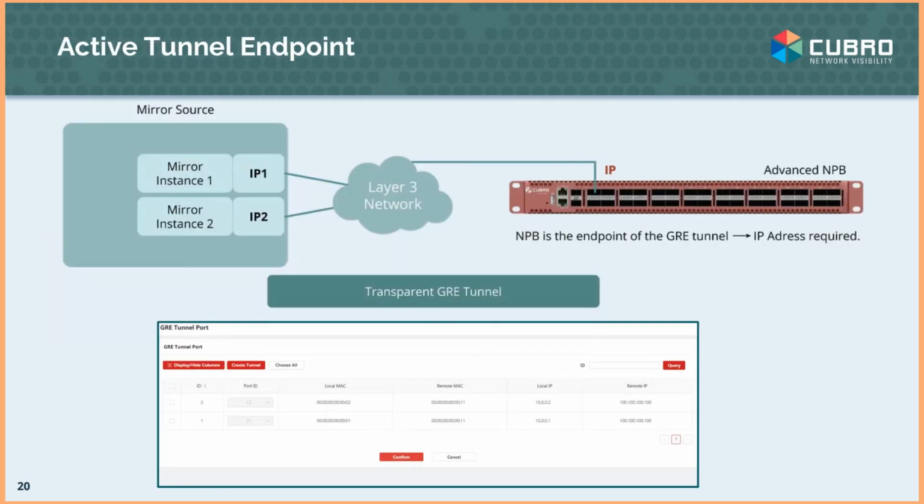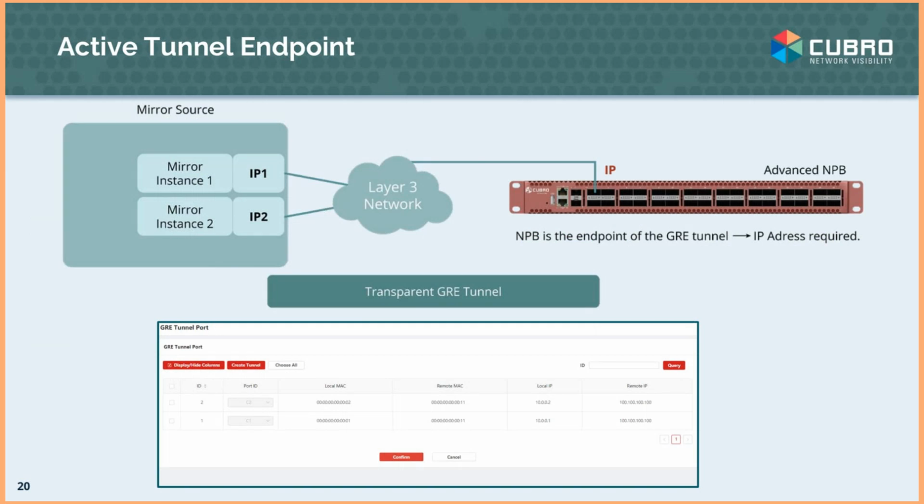And the final point of the advanced product is, when you have this scenario on the mirror source side, you have two mirror instances. That means you have two IP addresses to which they need to send traffic, but where to send it? They can send it to one IP address, which can be the packet broker. That means the packet broker needs to actively terminate traffic.